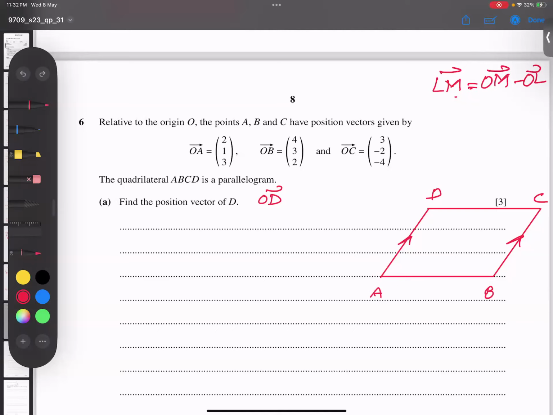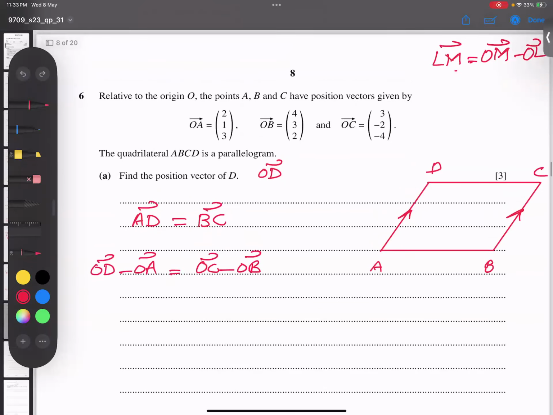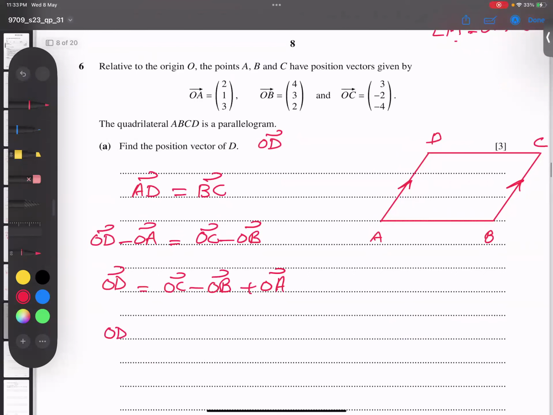So I'm writing here AD vector is equal to BC vector. Keep direction the same. If I expand, I can say OD minus OA equals OC minus OB. This will go there. So OD vector equals OC vector minus OB vector plus OA vector. And students, I believe you understand what is going on.